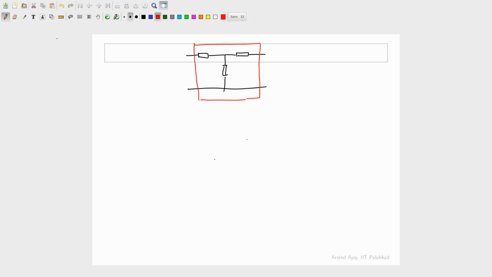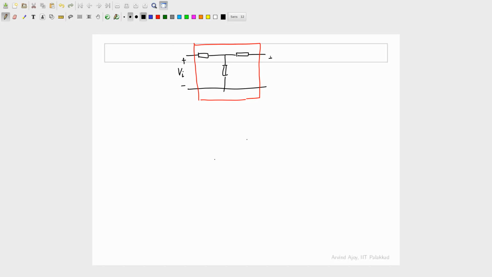So if I have this two-port network, the entire thing is inside a box, and I don't know anything about that, but I know it's non-linear.